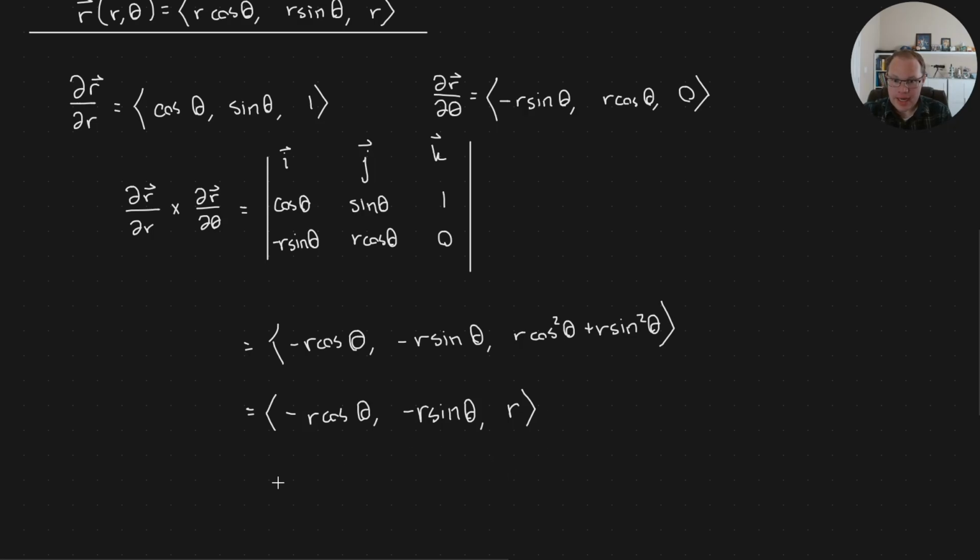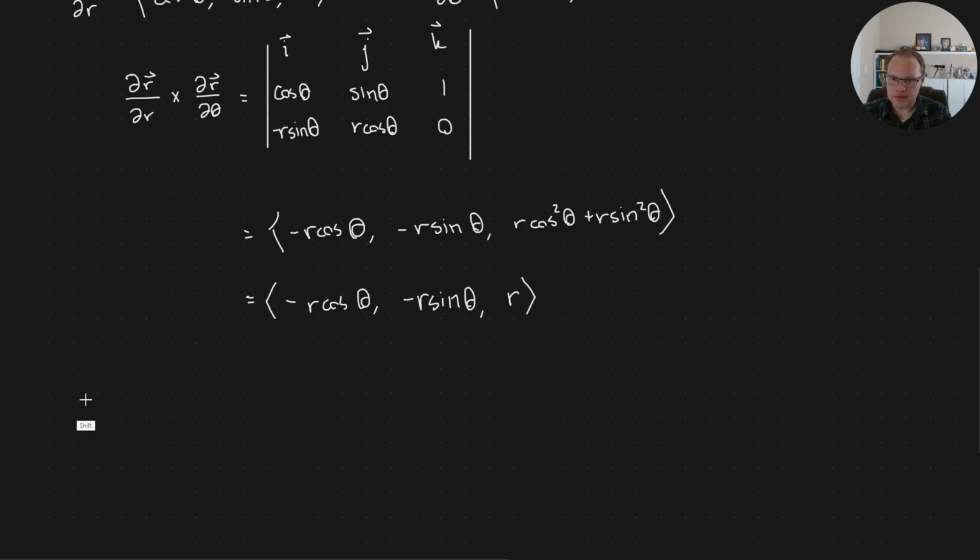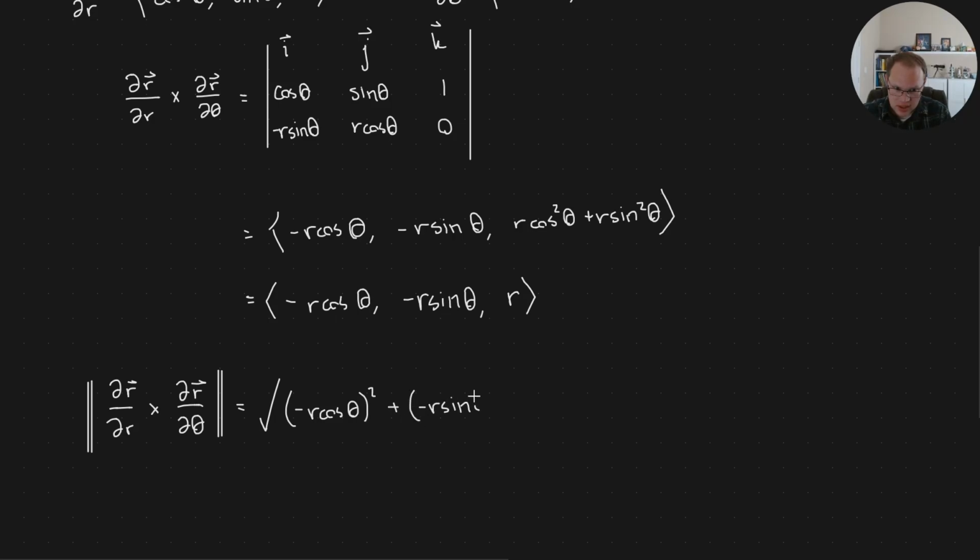Okay? Now I want the norm of this. So that's going to be square root of negative r cosine theta squared plus negative r sine theta squared plus r squared.